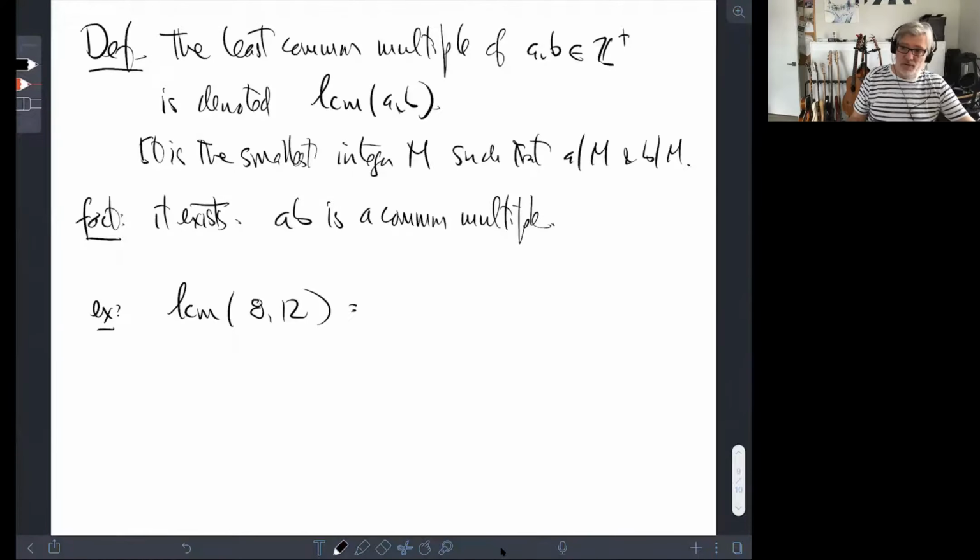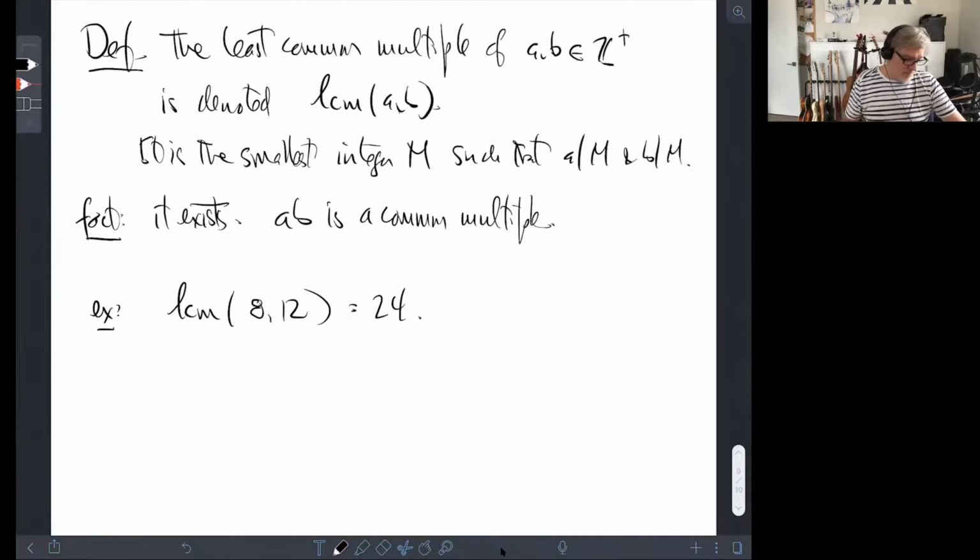So 24 is good. You can't do better than that. It's twice 12 and it's 3 times 8, right? And you can't do smaller than that, because a smaller multiple of 12 would be 12, and that's not a multiple of 8. So that's it, right?